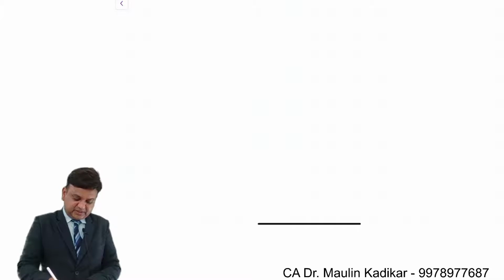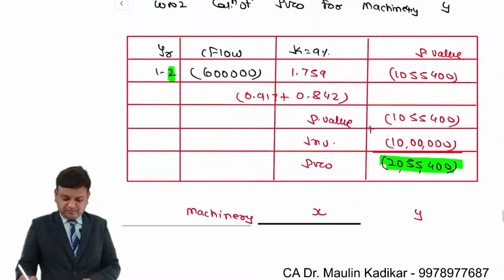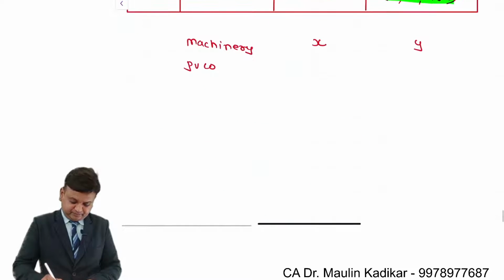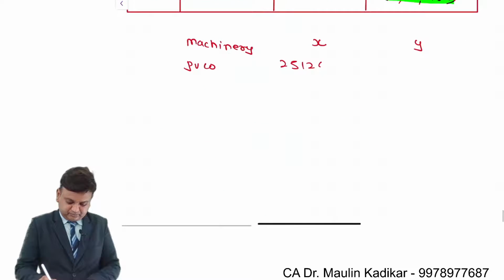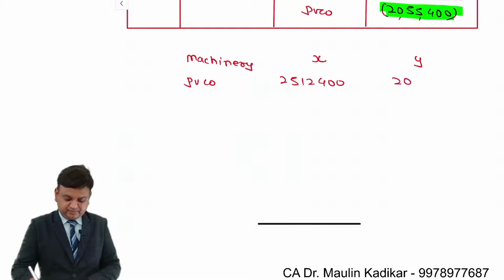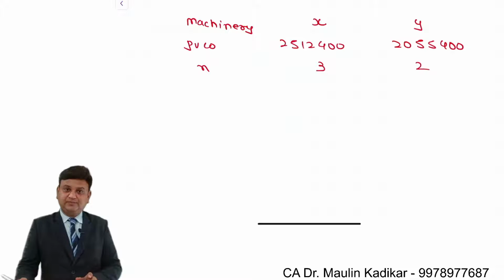Everybody is requested to pay attention over here. Machinery X and machinery Y, present value of the cash outflow 25 lakh 12,400 and 20 lakh 55,400. It is useful for 3 years and it is useful for 2 years.